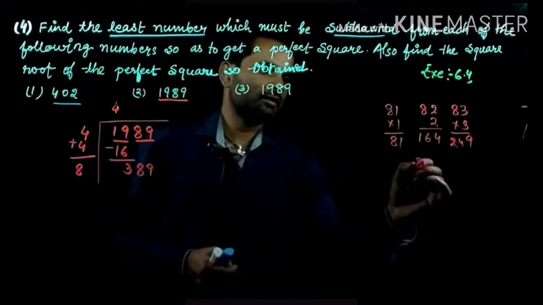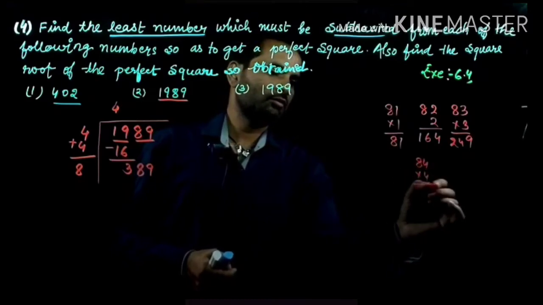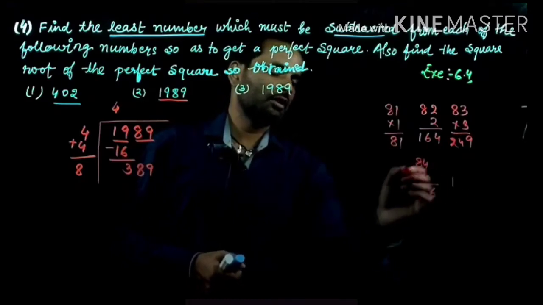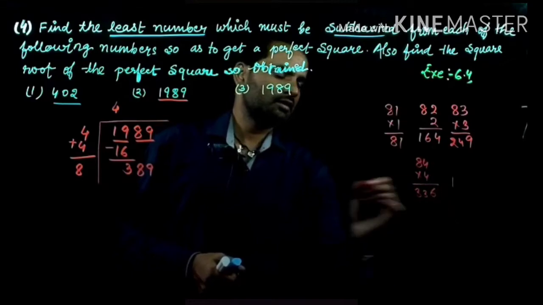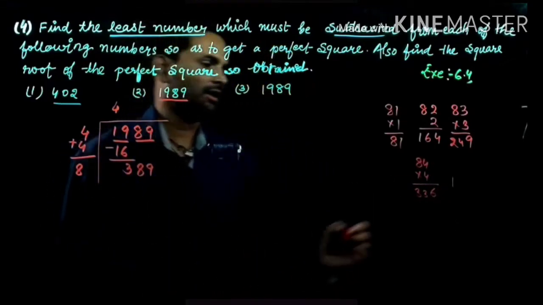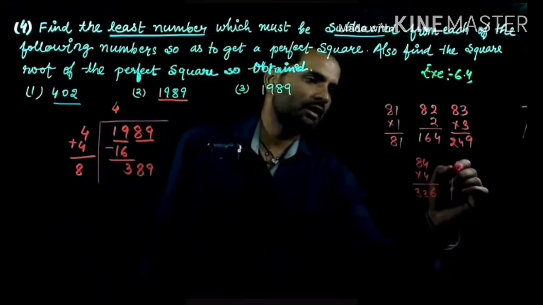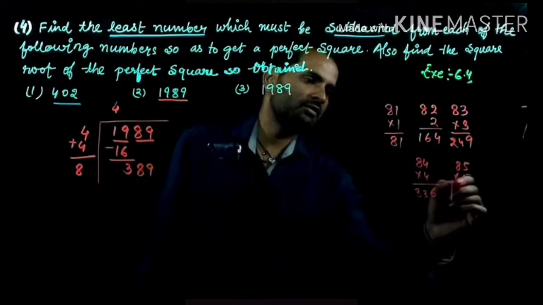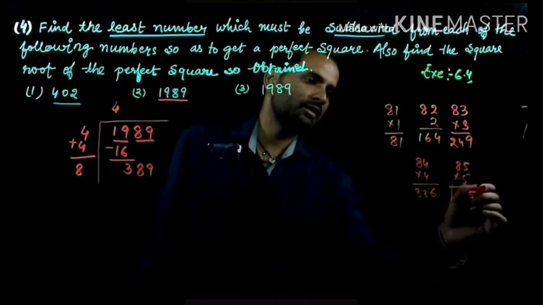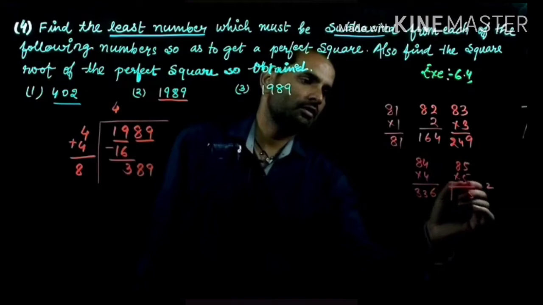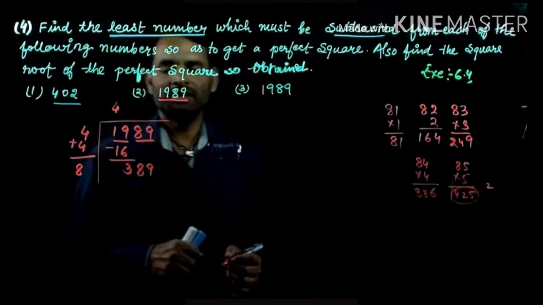And fourth is 84, 4 into 4 is 16, 336. And next is 85, 5 into 5 is 25, it is 425, and 425 is greater than 389.